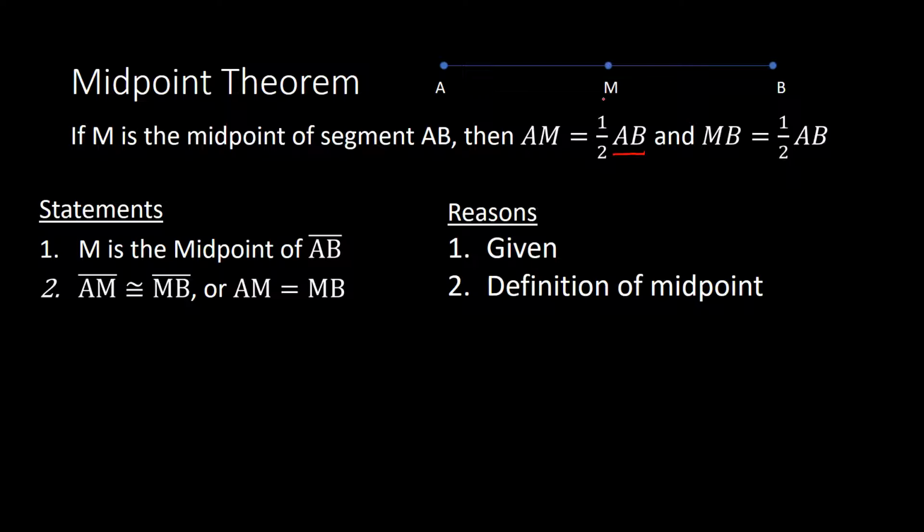So that would be another good step to take. If you add AM and MB together, that's going to equal the measure of AB. You add the smaller segments, AM plus MB, to equal the bigger segment, the entire length of AB.